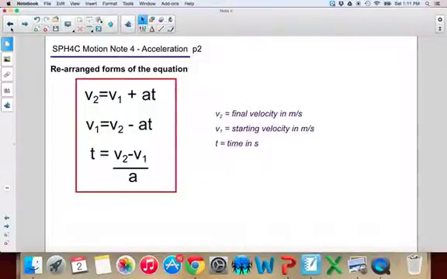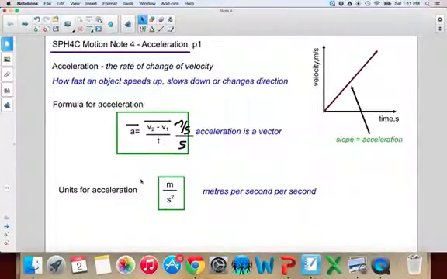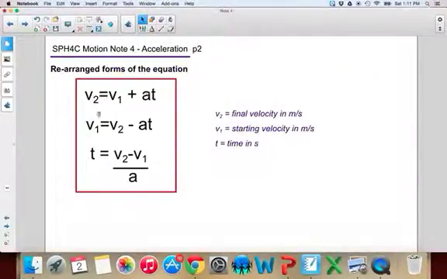If I was going to take that equation, because this will happen a lot in the course, maybe you're given a question and you know acceleration, and you know v2, and you know time, and you're looking for initial velocity. Very common thing. Well, that's when you'd use one of these equations. This is all the same equation, but it's just written rearranged.